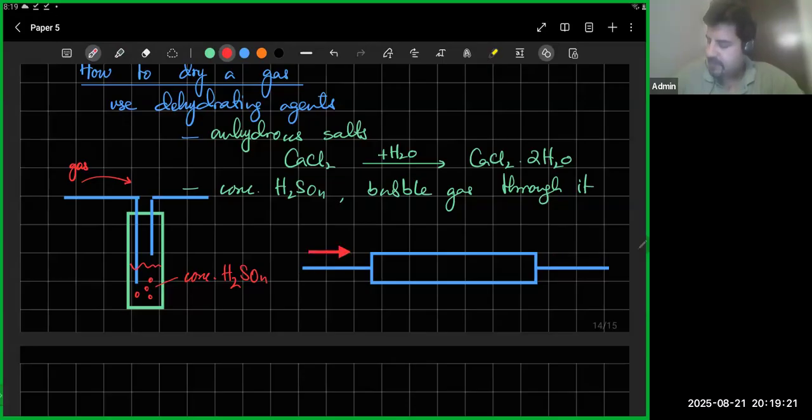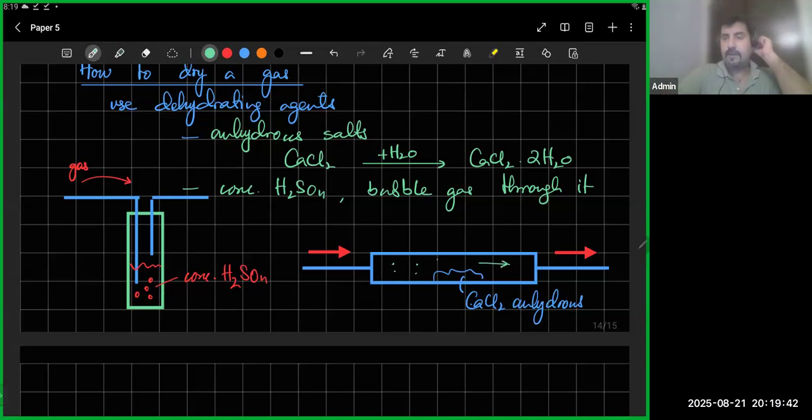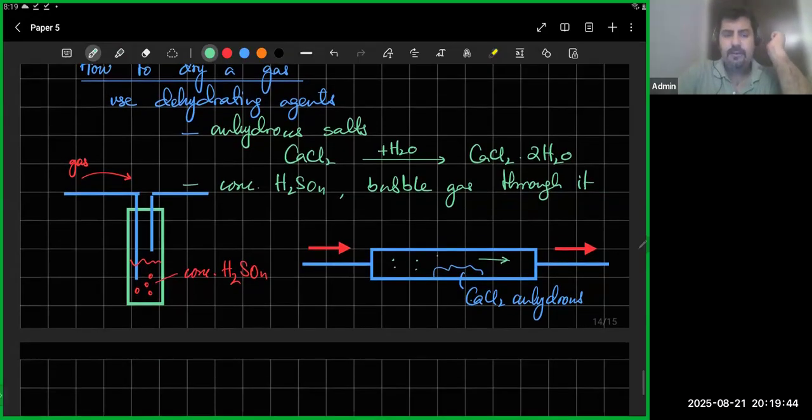Gas is coming from this side, leaving from the other side. And in the middle, you'll have your anhydrous salts. Here, for example, calcium chloride. And that would absorb all the water molecules. So the gas is passing through it. So, okay, that's about collecting gases.